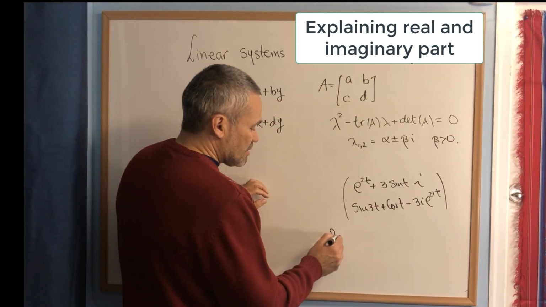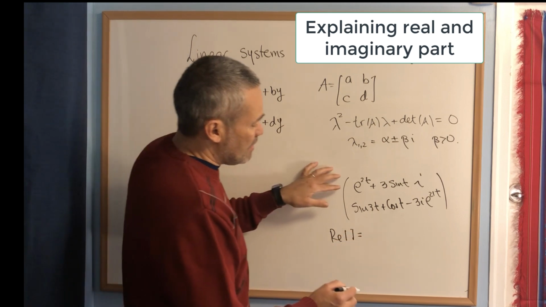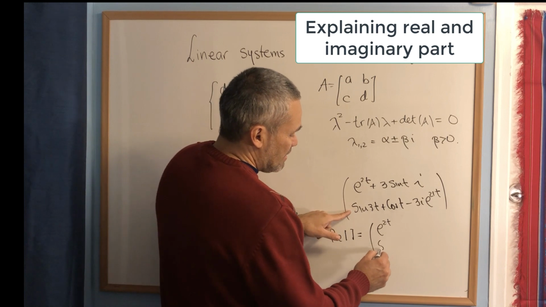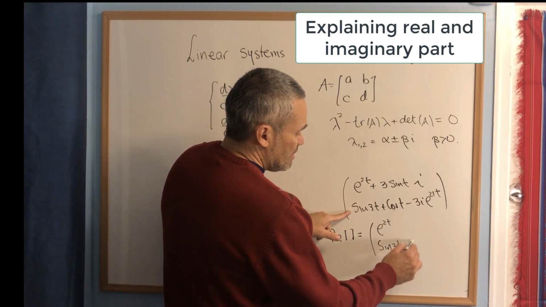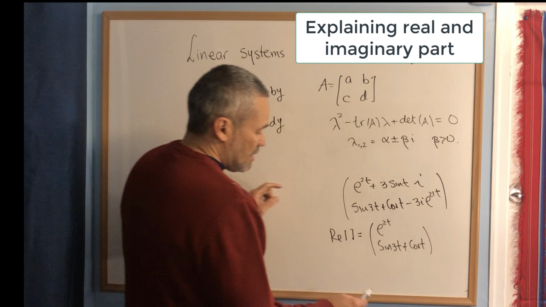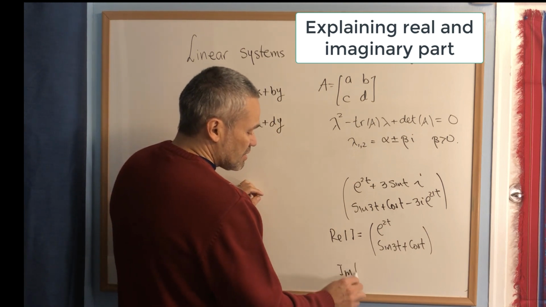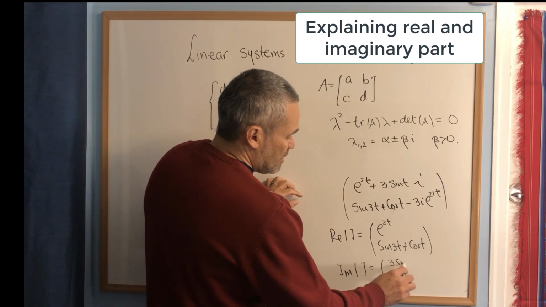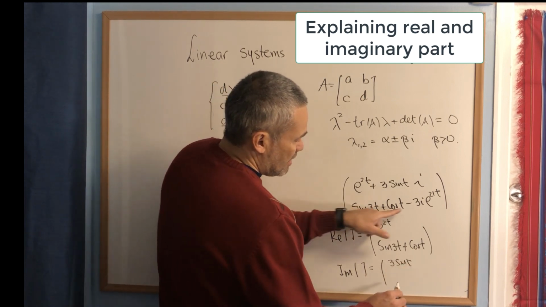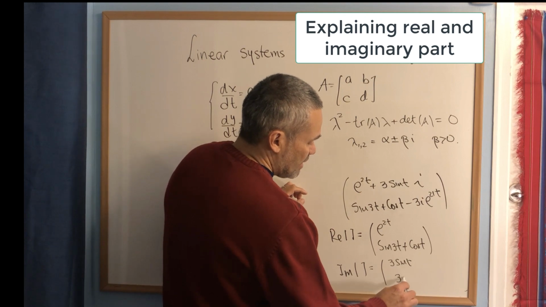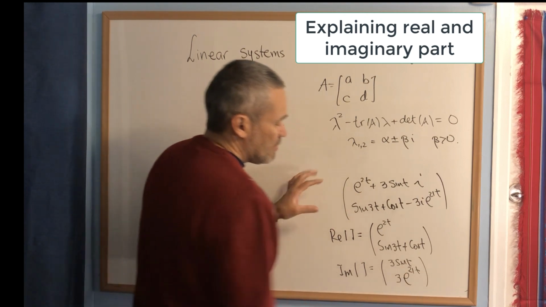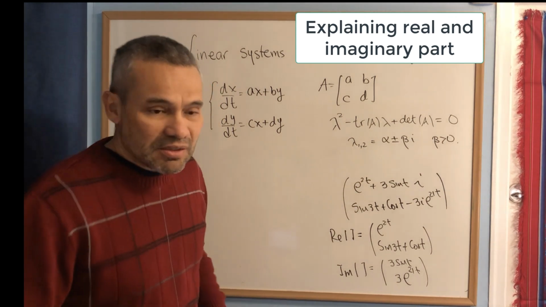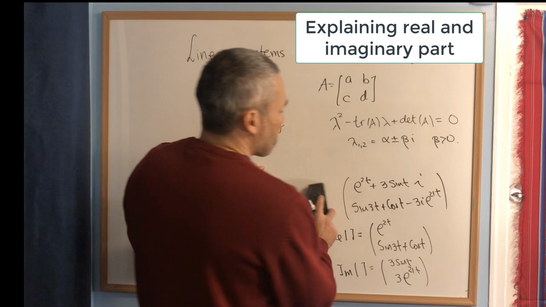Then the real part of that vector would be a vector as well: e to the 2t, and here sine of 3t plus cosine of t. And the imaginary part of this vector would be 3 sine of t, and here would be 3 e to the 2t. This is the imaginary part and the real part of a vector.